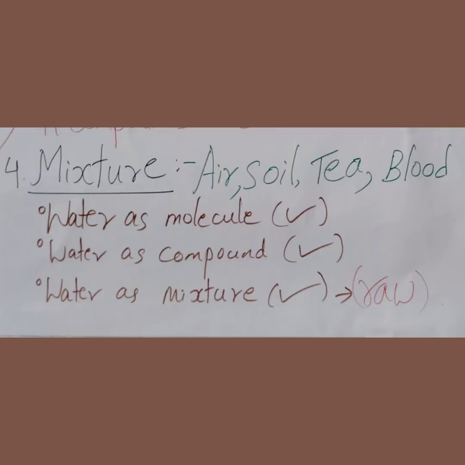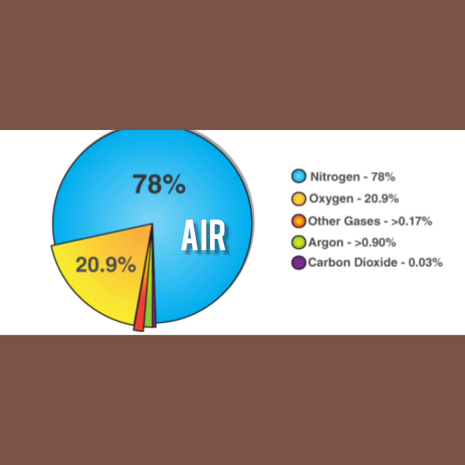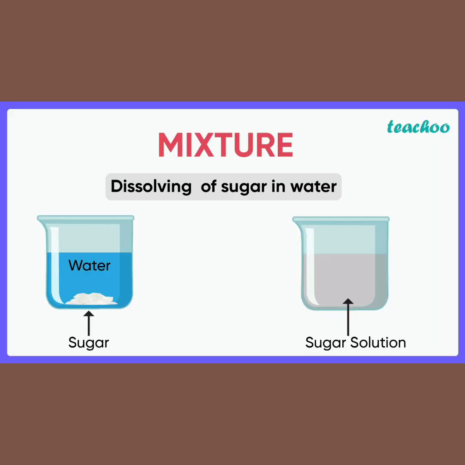Now, next, mixtures. For a quick revision, let's go to mixture. By definition, a mixture is a physical combination of 2 or more substances where each substance retains its own properties. It's a physical combination of 2 or more substances, like air, but each substance present in that combination holds its own properties.